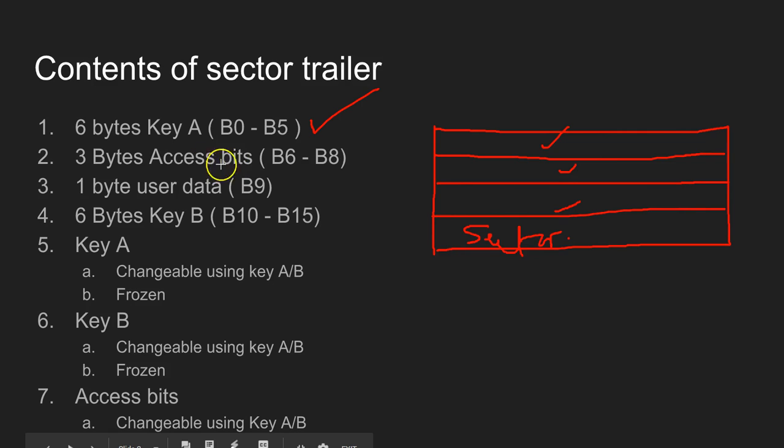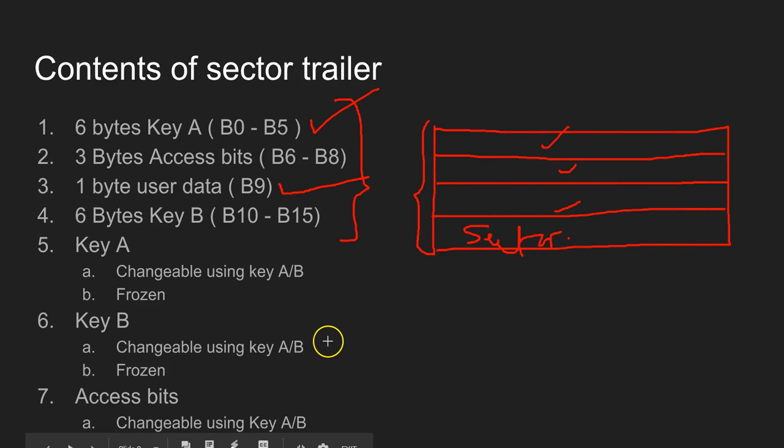These access bits are used to configure the read and write of all the blocks in the sector, followed by 1 byte of user data, and in this byte you can put any data you want, and this has nothing to do with the access rights at all. And this is followed by 6 bytes to store the value of key B, that is from byte 10 to byte 15. So there are 4 different things in the sector trailer block.